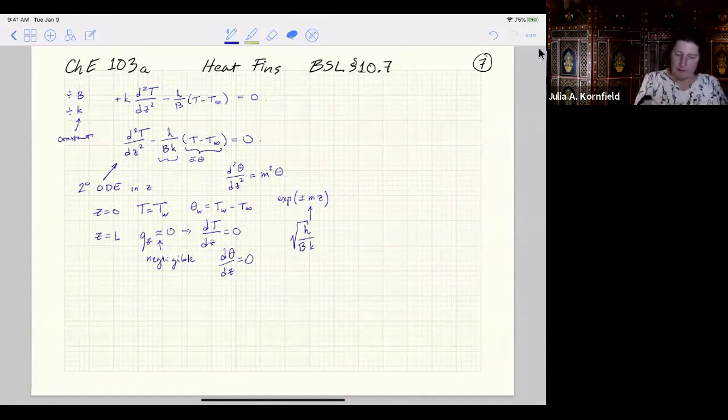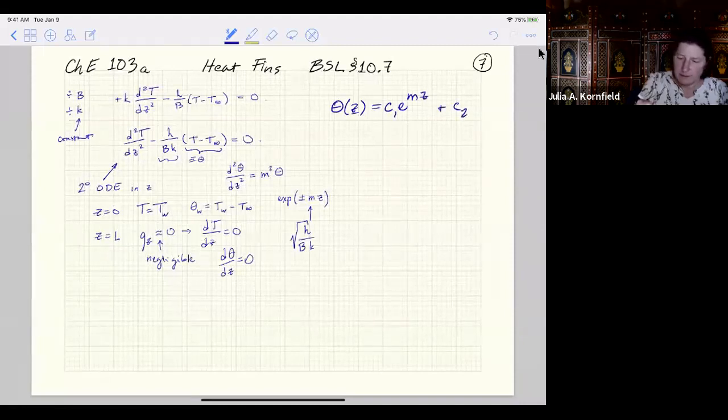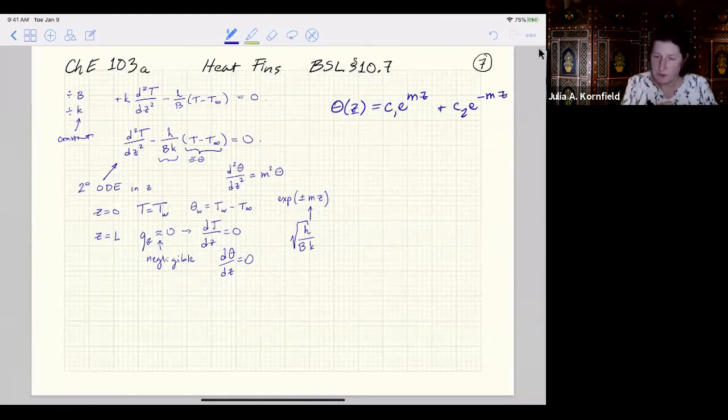So, knowing that the solution is going to be growing and decaying exponentials, the approach that seemed obvious to me was to try to introduce theta of z is the sum of the two independent solutions. And so this is what I'm going to show you first.